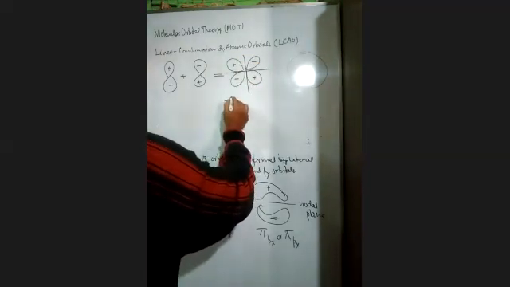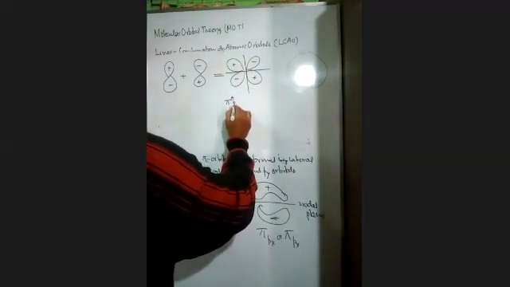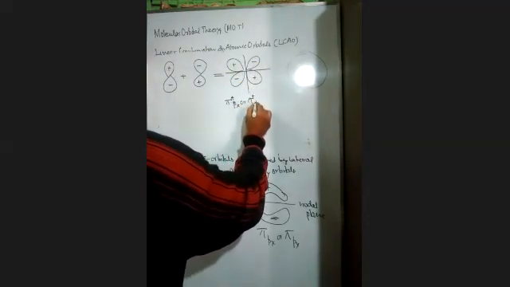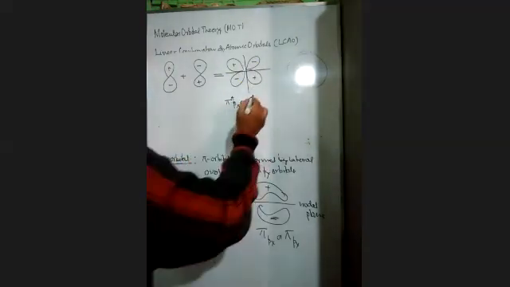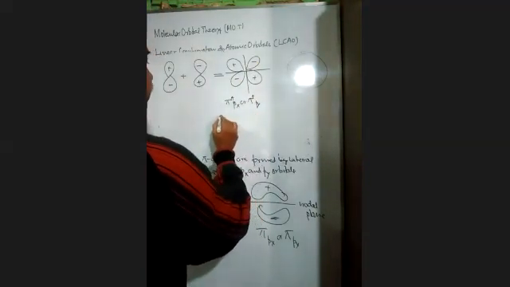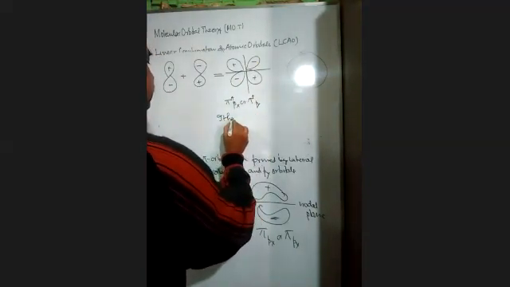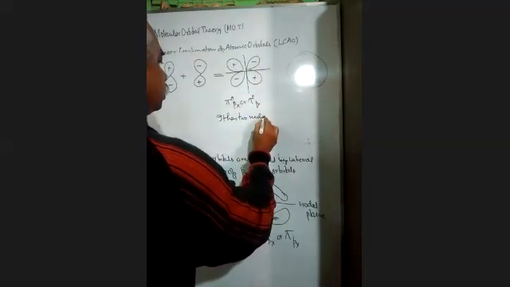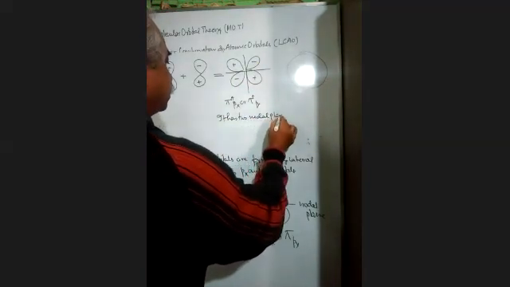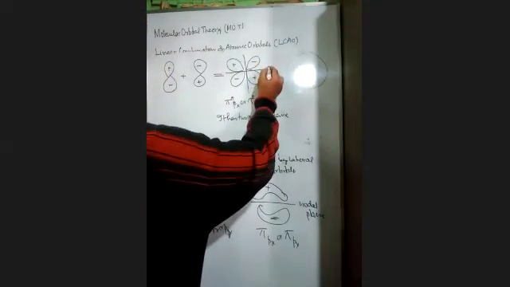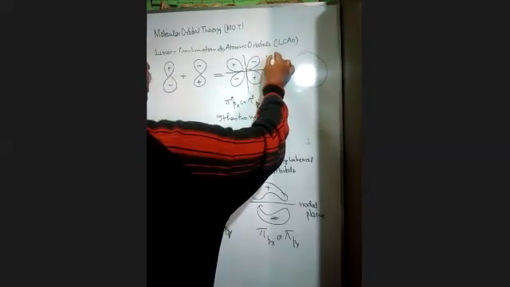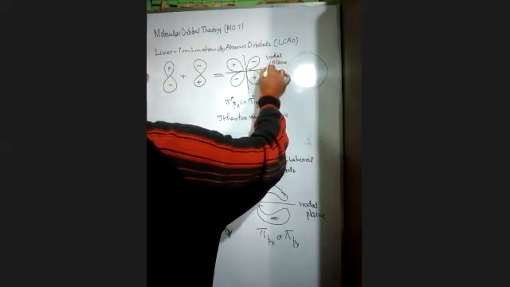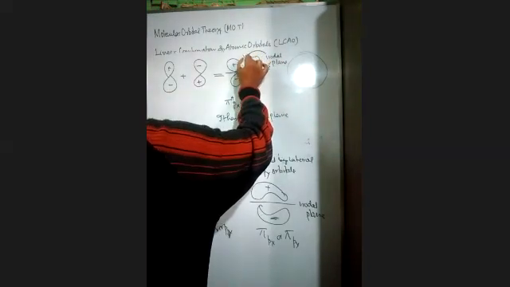So I'll call it pi star px or pi star py. It has two nodal planes. Remember this for your entrance exam. So this is one nodal plane and this is the other nodal plane.